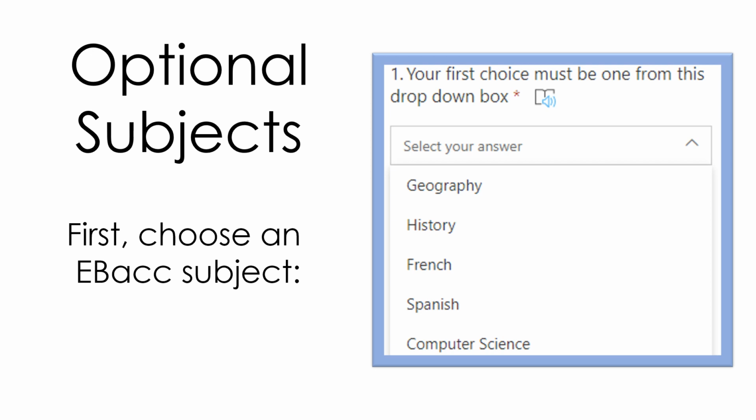They have a choice of either studying geography or history, because they are studying both of those in Year 9. They must only select the language they have been studying since Year 7, so that will either be French or Spanish, or they can choose computer science in this first box. So in this first box you have to choose one of those 5 subjects.